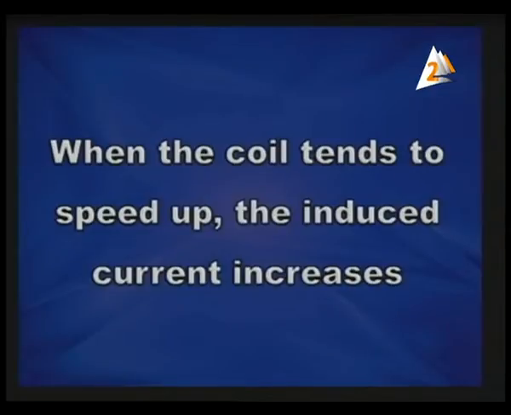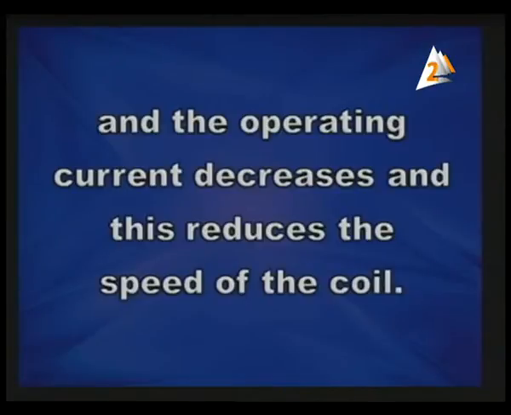So when the coil tends to speed up, the induced current increases and the operating current decreases, and this reduces the speed of the coil. If it tends to speed up, something will happen which will decrease the speed.